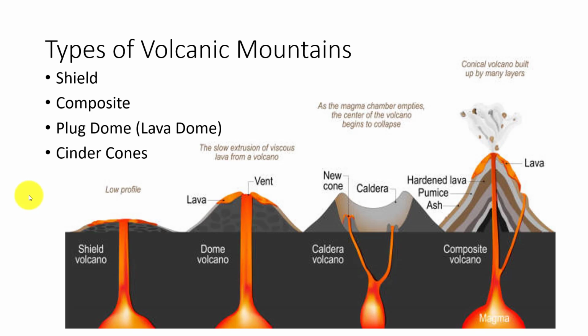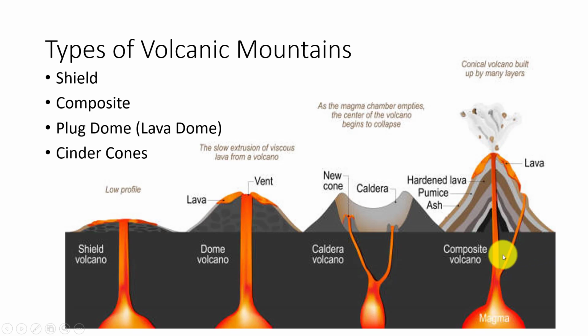Moving on to this third example here is a caldera volcano, and this is the caldera that you can see in between these 2 larger peaks or cones, and you can see here a representation of how those cones develop. As the magma chamber empties, the center of the volcano begins to collapse, and that's where you get the caldera.